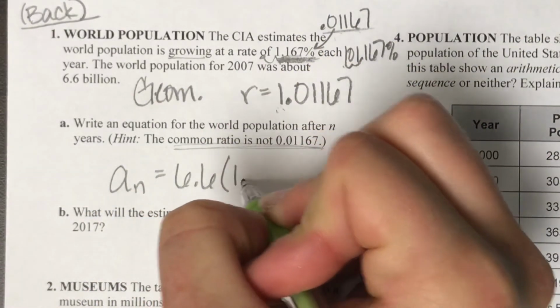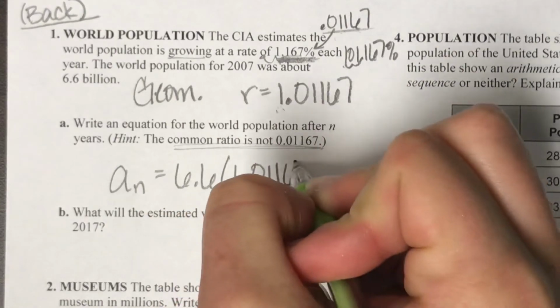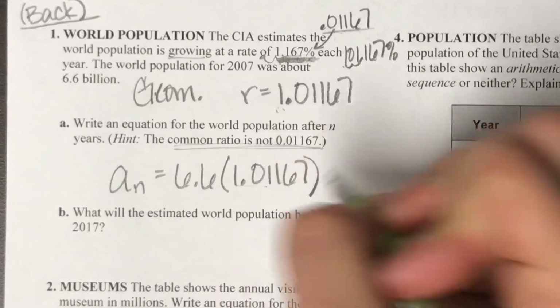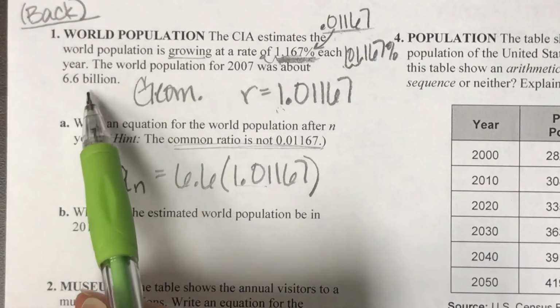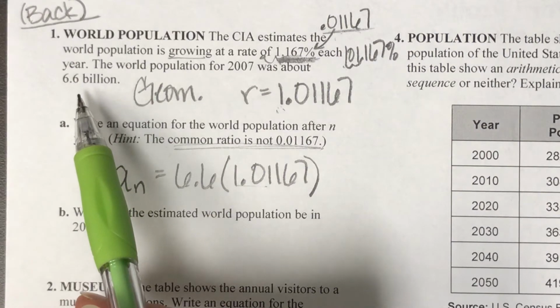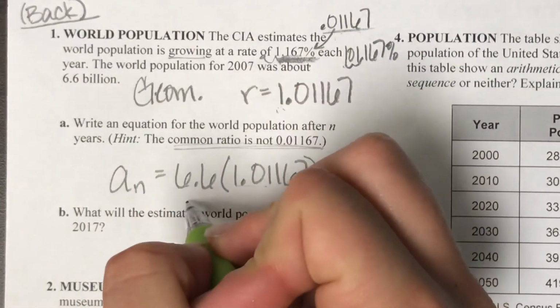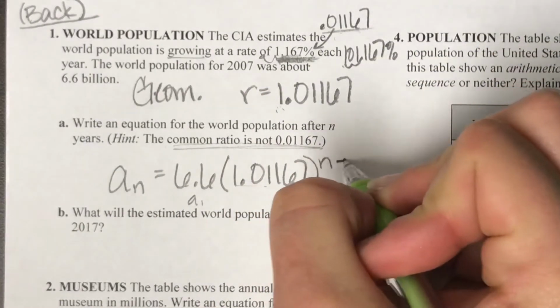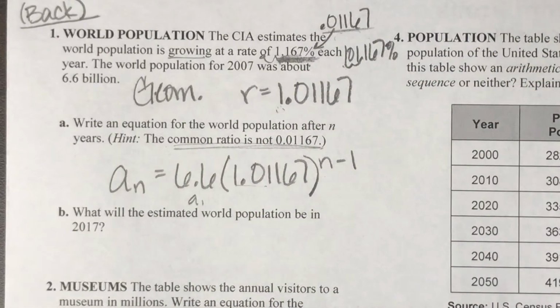I'm multiplying by 1.01167 for that 101% growth. And then I'm raising to, you have to ask yourself, is this the first year that I'm using information or is it the 0 year? We're going to call that the first year.